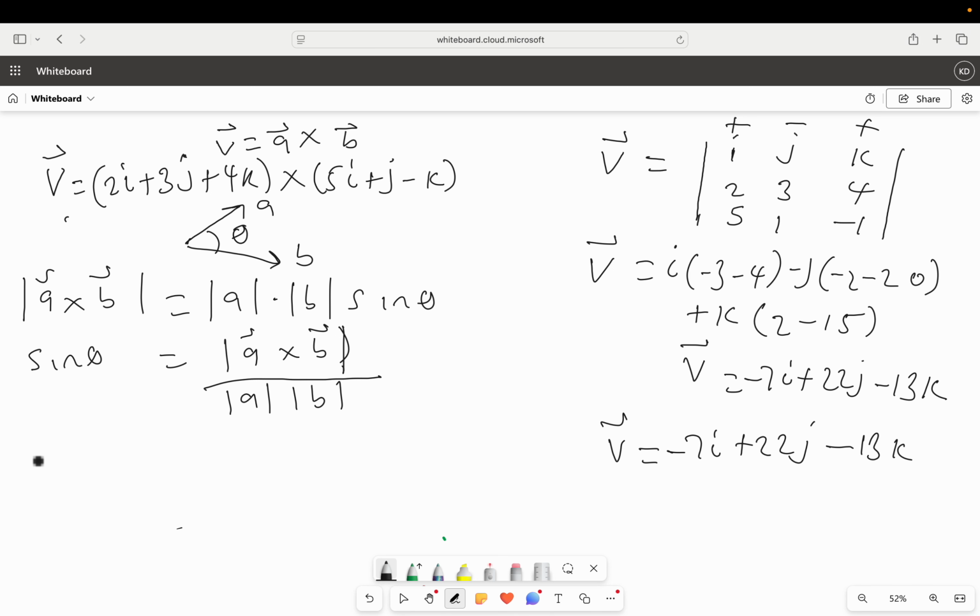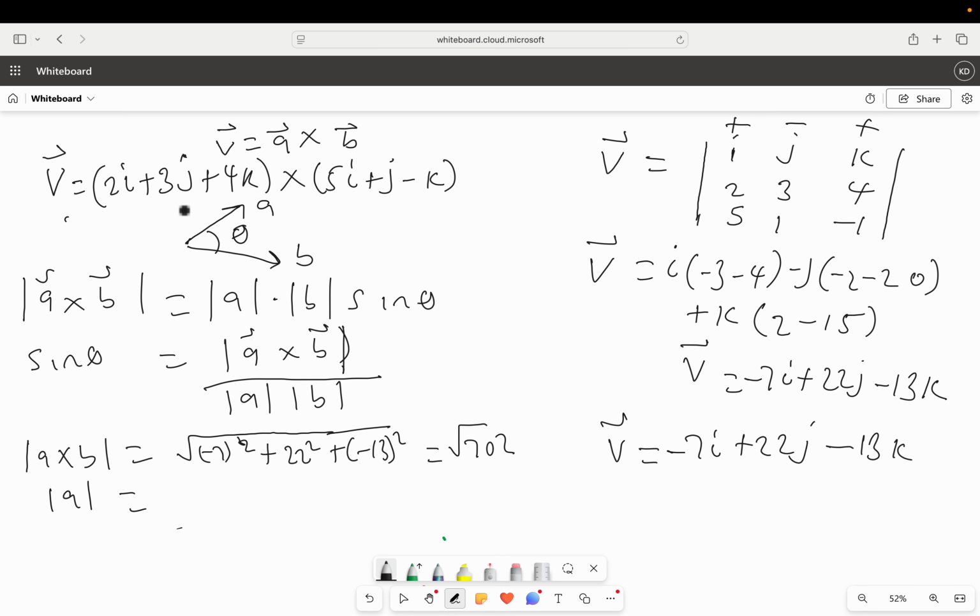So I have my a cross b here, which is just this v vector. So it means the magnitude of a cross b will just be square root of minus 7 squared, plus 22 squared, plus minus 13 squared. If you solve this, I will have square root of 702. Then for a, you just find the magnitude of the a vector.